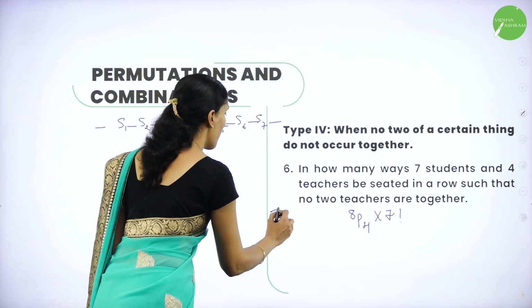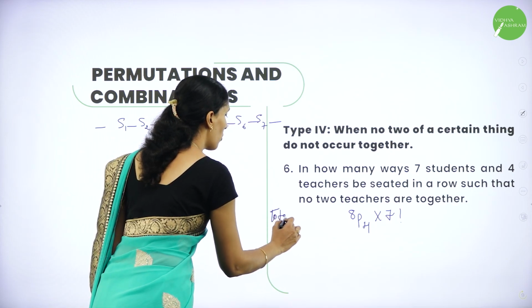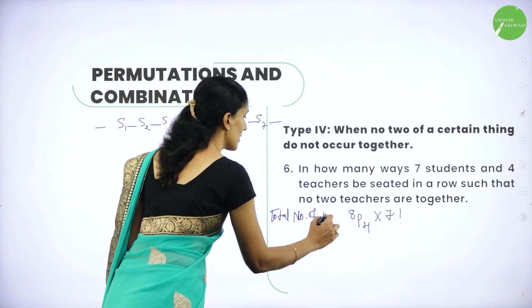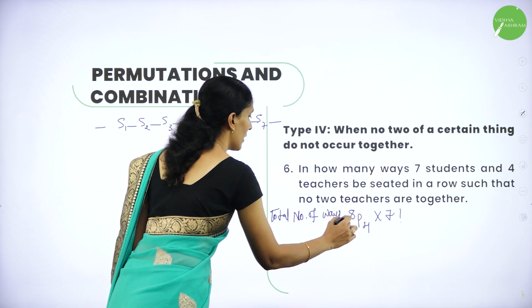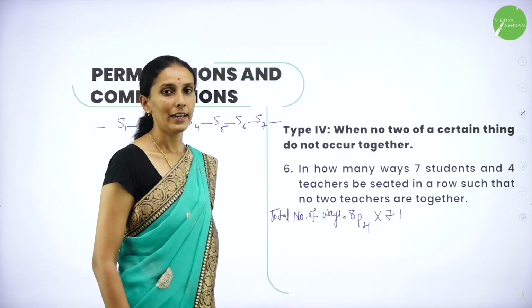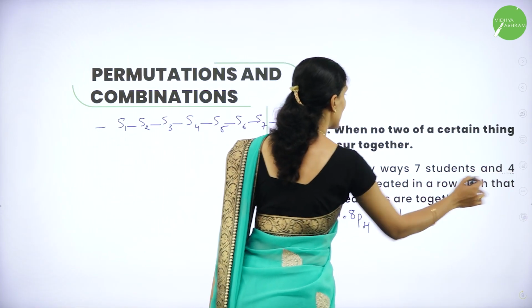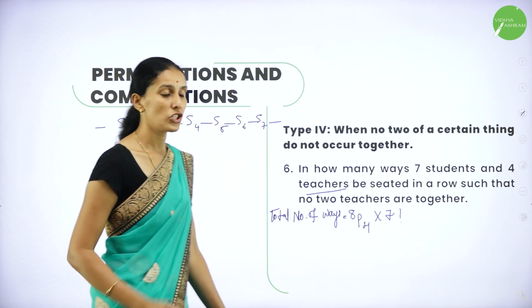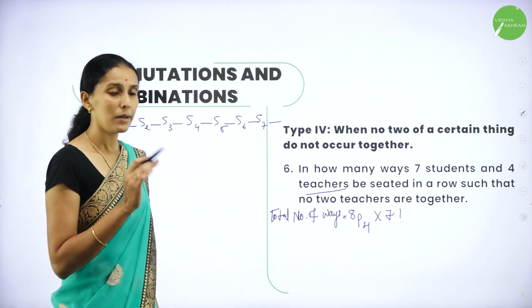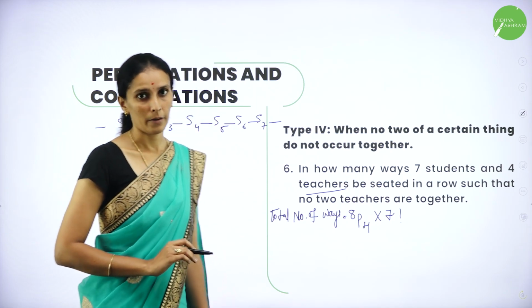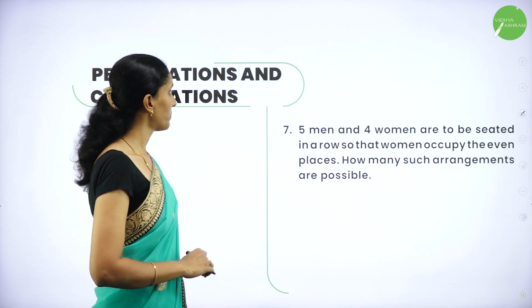So my total number of ways is 8P4 into 7 factorial, because 4 teachers can be arranged in 8 different places in between students because no 2 teachers are together.